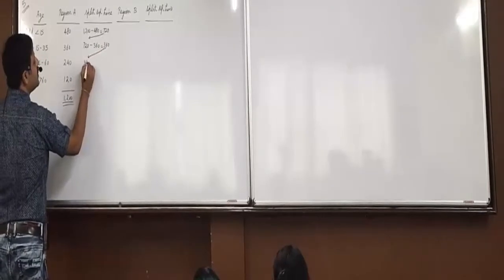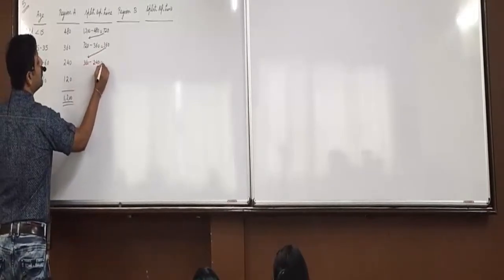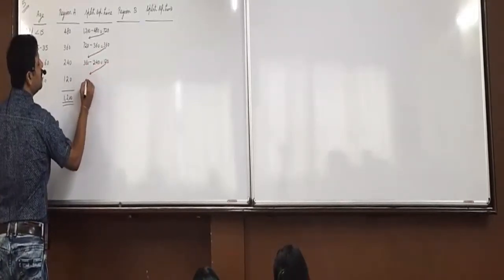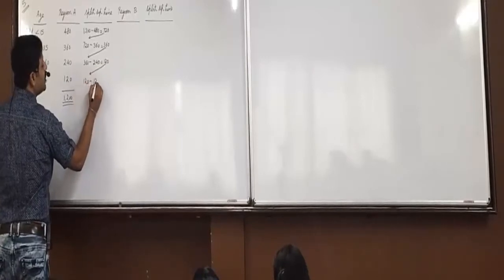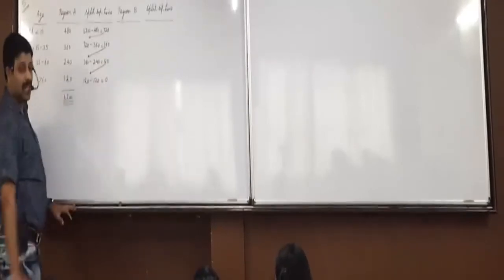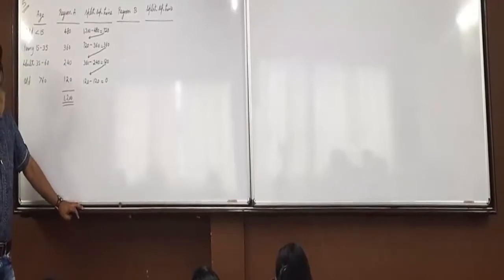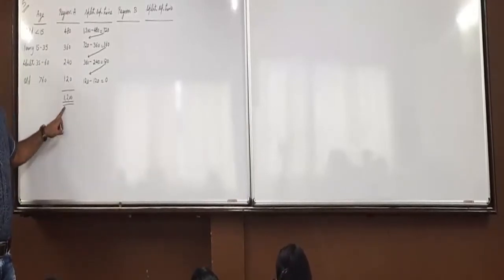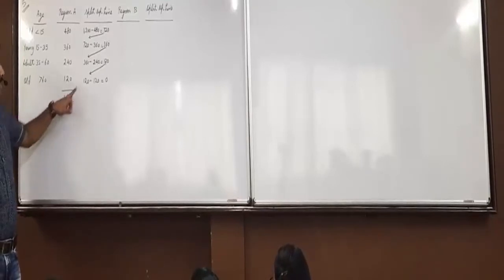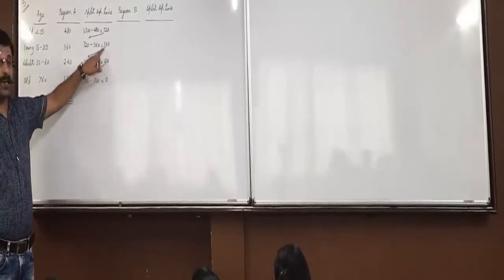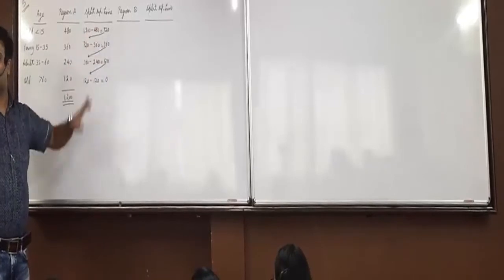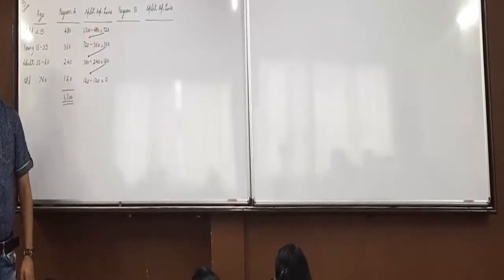Then 360 minus 240, 120. And then 120 minus 120, last will always come 0. So our bar will have the height of 1200 and that bar will be divided at which lines? 0, 120, 360, 720. This will give us the various parts of the divided bar.